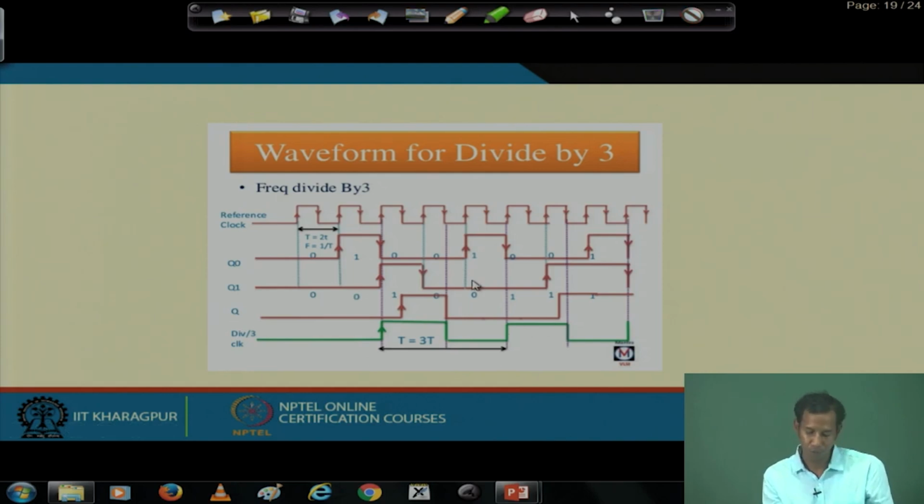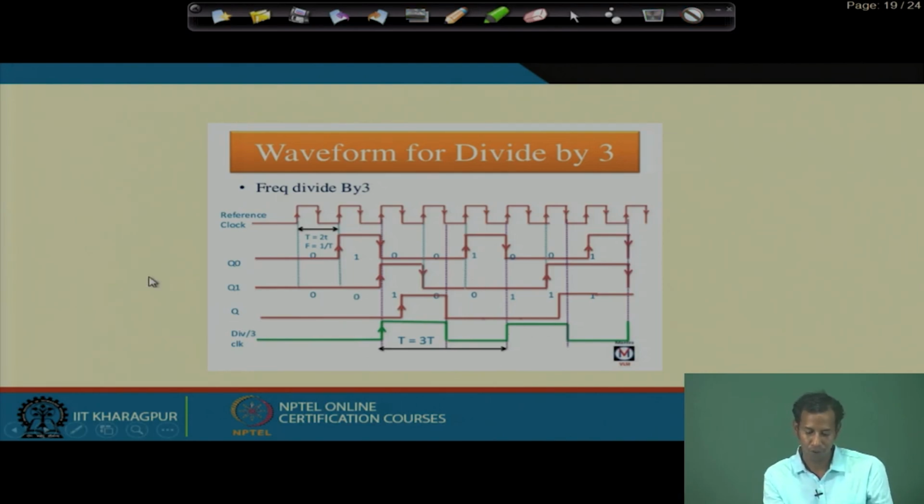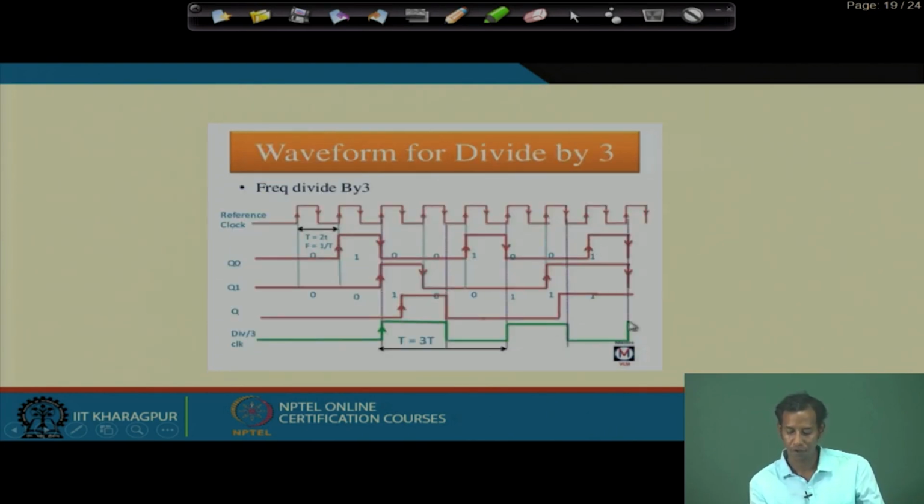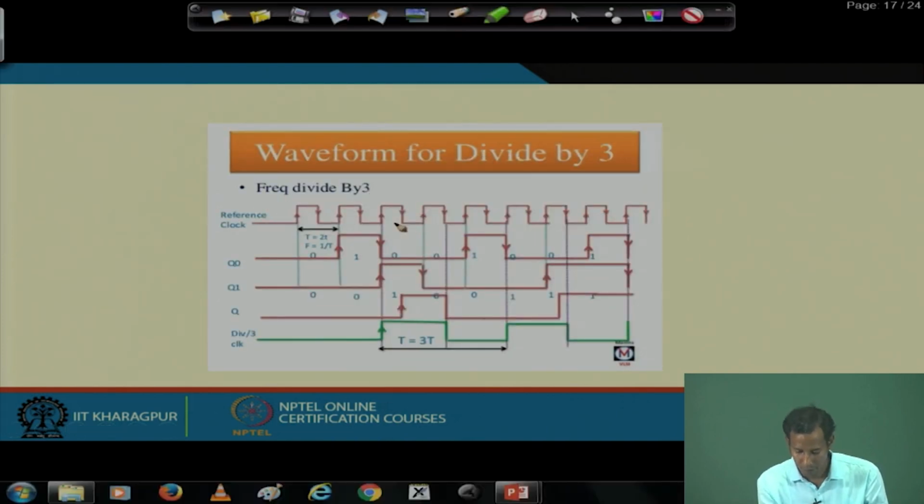So, if we do this, based on this Q1 and Q, you will be getting the corresponding divide by clock 3. Now, as you see, the sequence is now 1, 2 and 3. Okay. So, the divide by 3 means in total it requires 6 clock cycles.